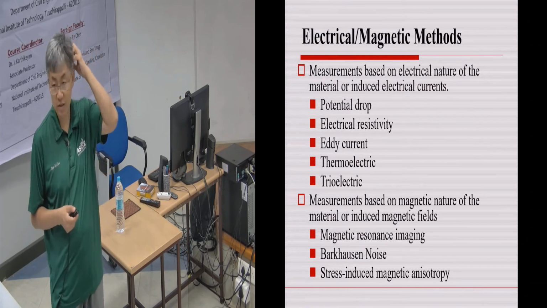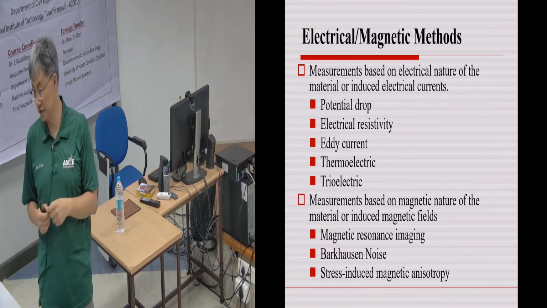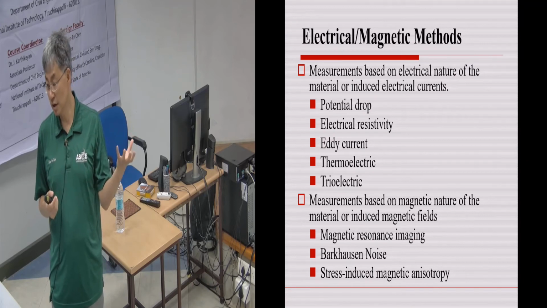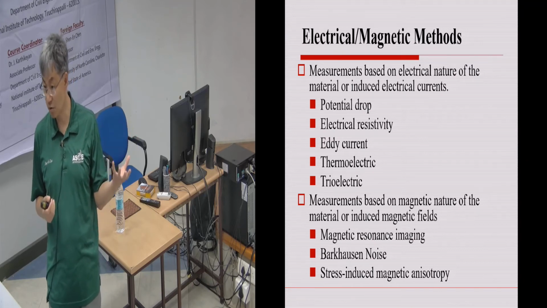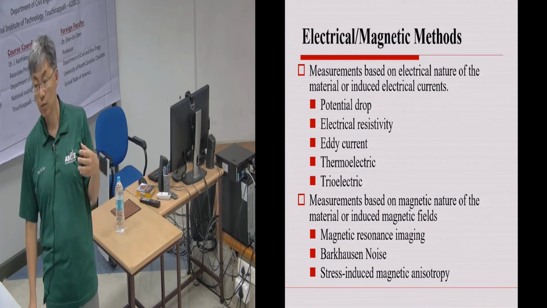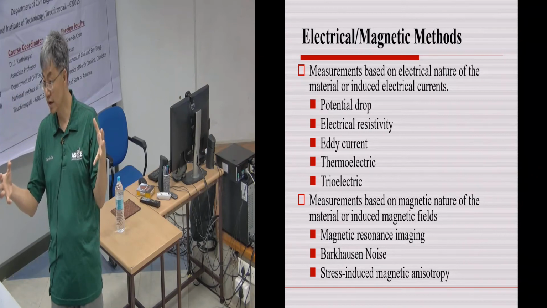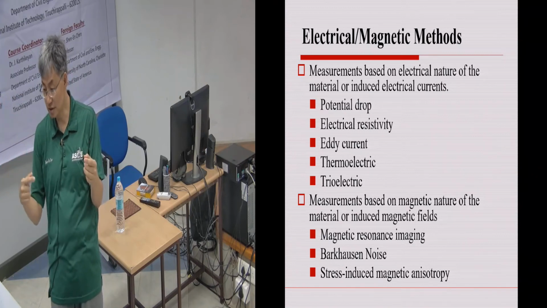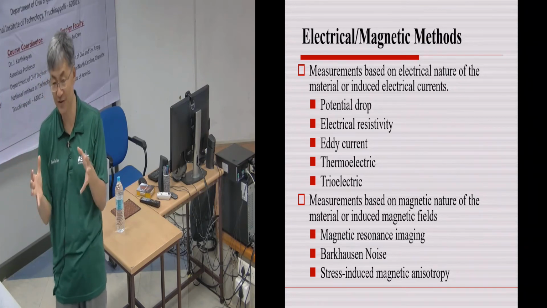Electrical and magnetic methods are actually very, very useful techniques. In my laboratory, we are now developing a technique called self-sensing concrete. We embed metallic material in concrete, like steel fibers, and then we pass electric current through the concrete.